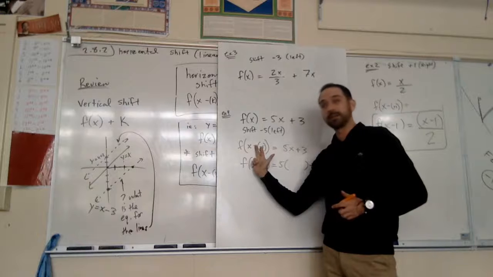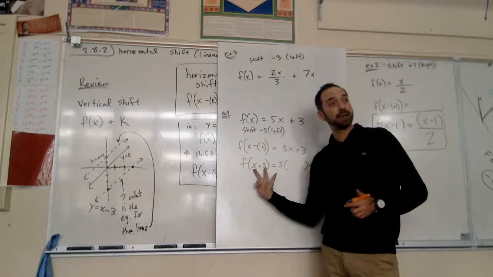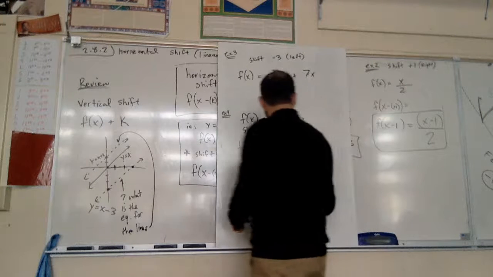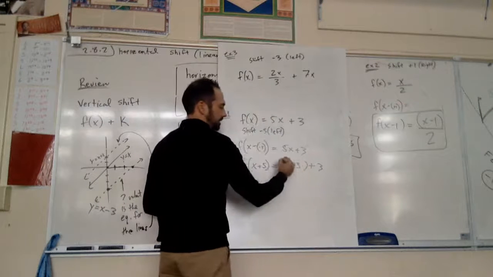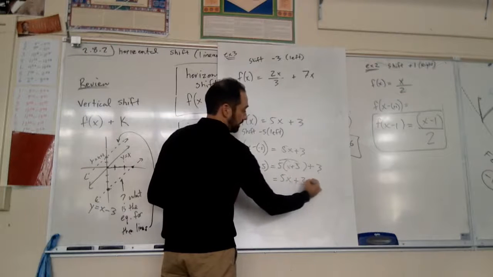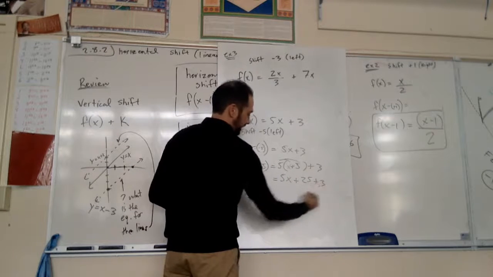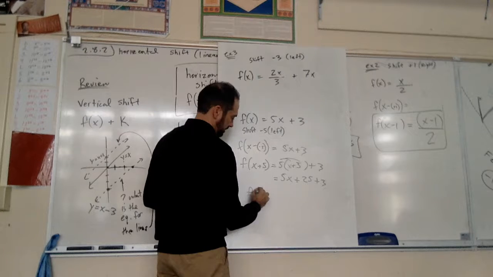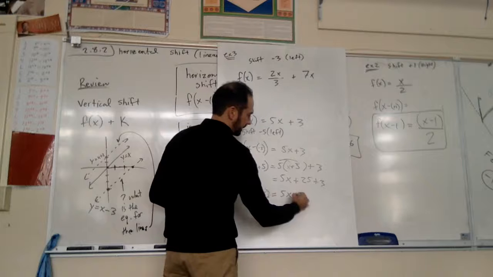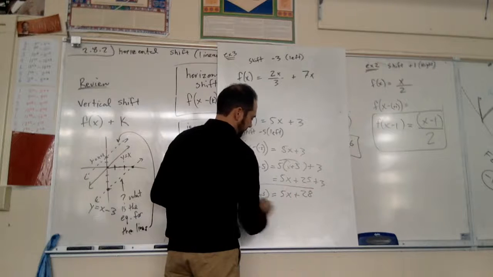We were deeming this negative times negative, so we know that we plug in f of x plus 5. We're going to plug that whole thing in over here. X plus 5. Distribute that 5. We get what? 5x plus 25 plus 3. Is there anything we can combine there? Yeah. 5x plus 28.